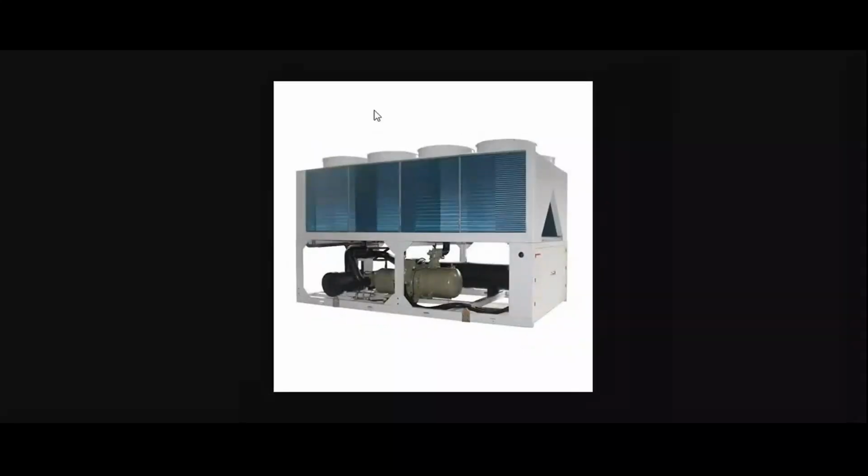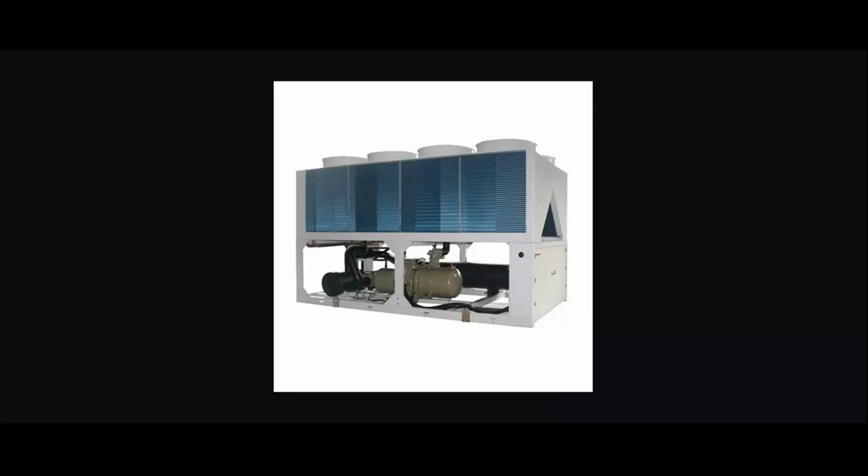And you can see here this indicates the air cooled chiller. Here the condenser is cooled by air. Okay, the evaporator is water cooled, but the condenser is air cooled, so it is called an air cooled chiller.